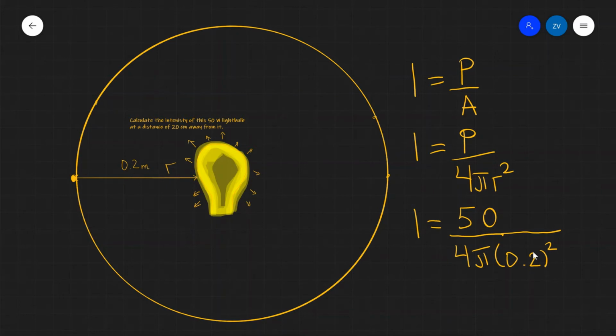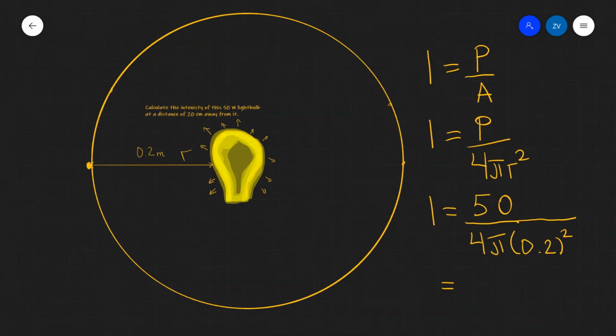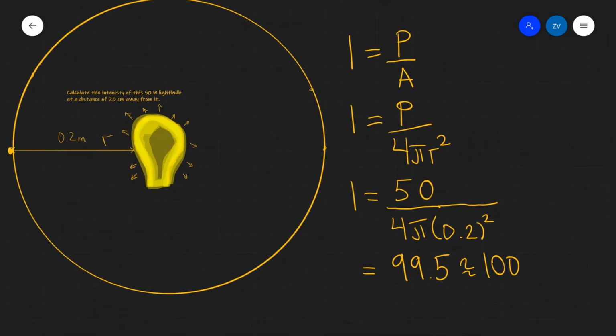And if we put this into a scientific calculator, we are going to get 99.5 watts per square meter. Let's call it about 100 watts per square meter.